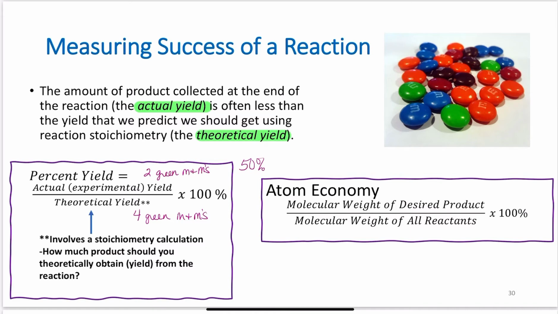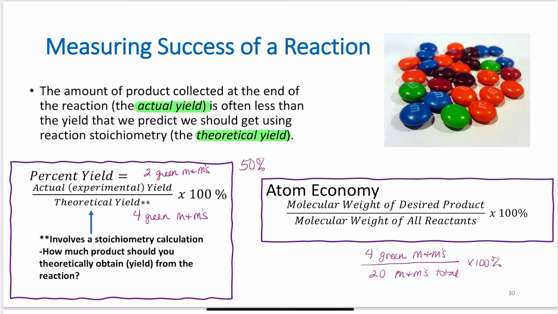On the other hand, atom economy looks at the molecular weight of the desired product divided by the molecular weight of all reactants times 100%. In this case, we think we should be able to obtain 4 green M&Ms. Let's say M&Ms all weigh the same, so we want the weight of 4 green M&Ms. We divide this by 20 M&Ms total, times 100%.